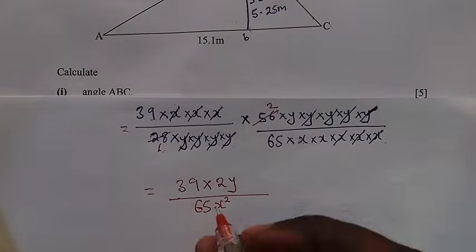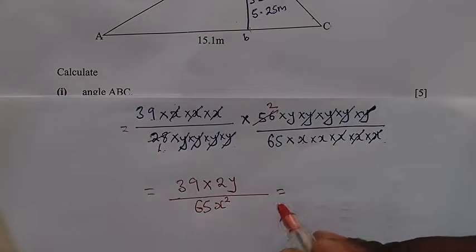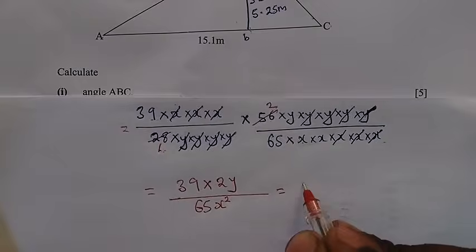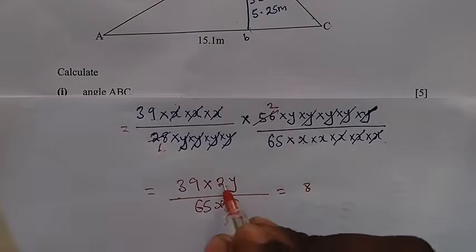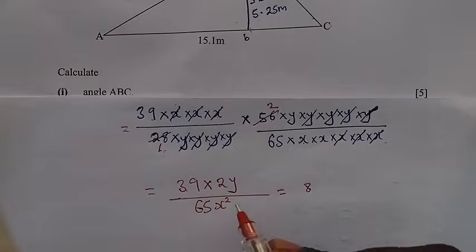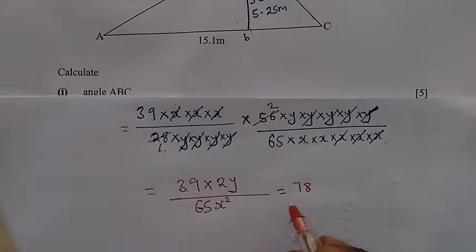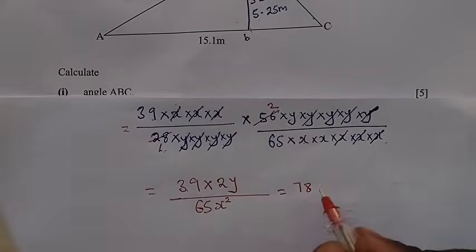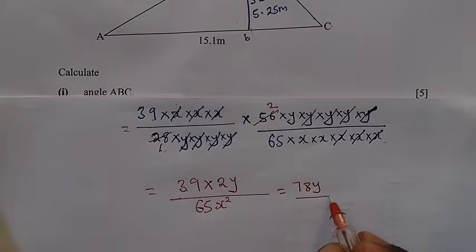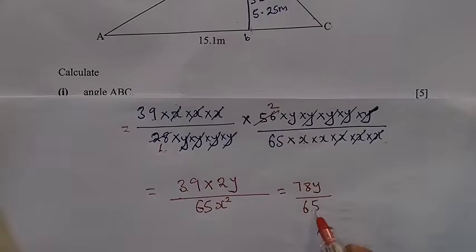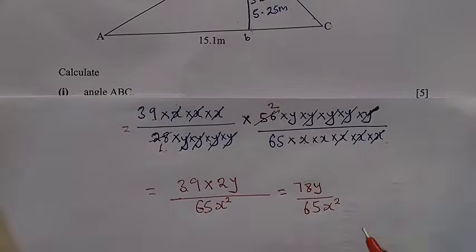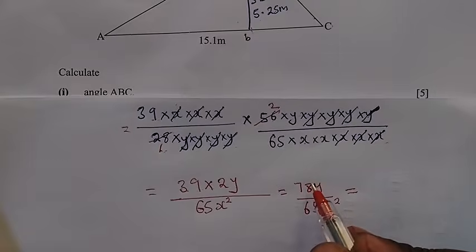Then from here, what are we going to get? 2 times 9 is 18. We write 8. 2 times 3 is 6, plus that one, 7. So 39 times 2y, we get 78y divided by 65x squared. From here, we can look for the highest common factor of 78 and 65, which is 13.